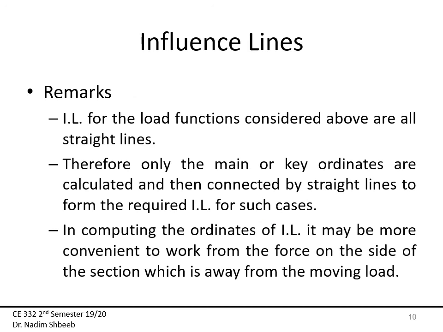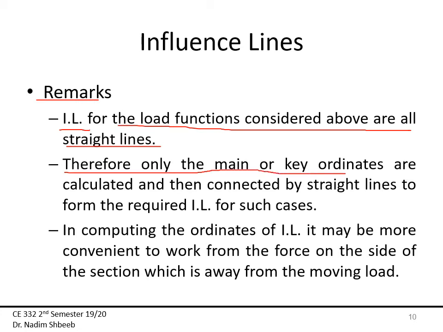So a couple of remarks that we need to be aware of. The influence lines for the load functions considered above are all straight lines. Since they are straight lines, I only need the key ordinates, meaning I only need 2 points to draw a line, and then they are connected by straight lines. And this is the technique that we used in computing the ordinates of the influence line.